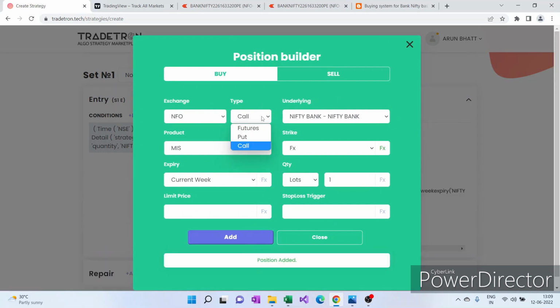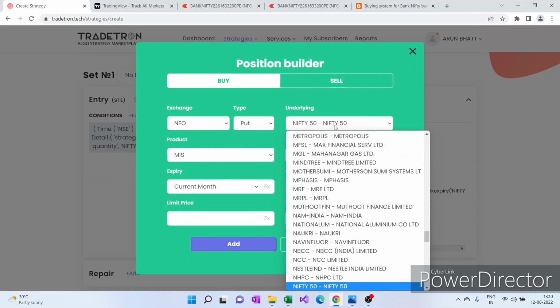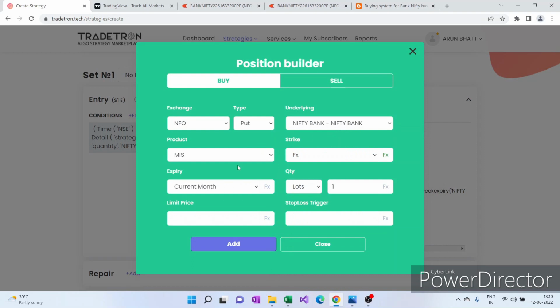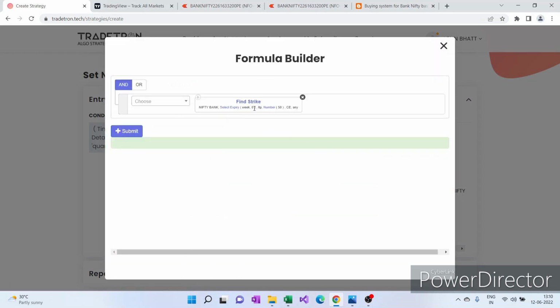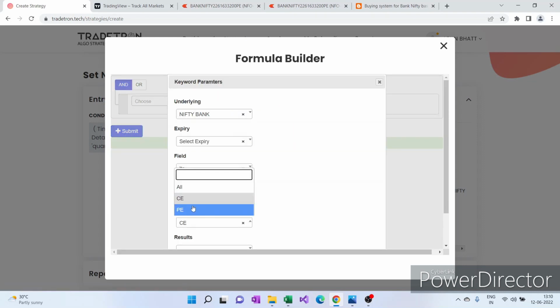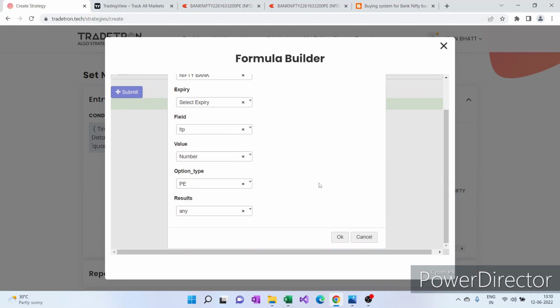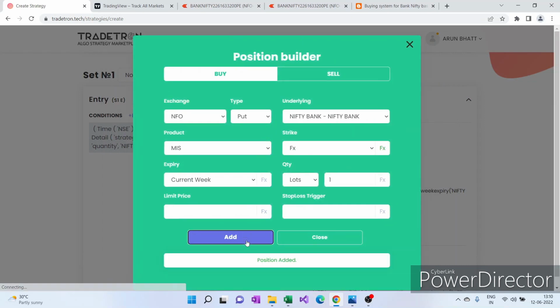Now in the same way we'll add a put leg also. The formula will be the same, but now we are finding the price of PE, because this is the second leg which I am adding. So this is also done, and then I will click on the add button.